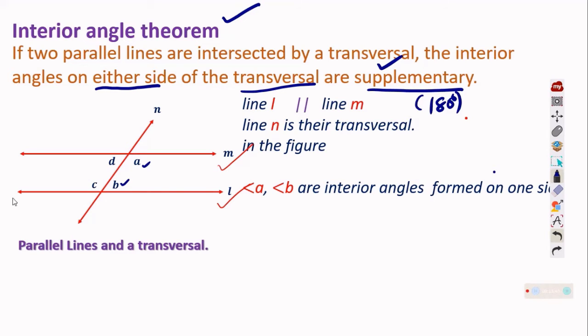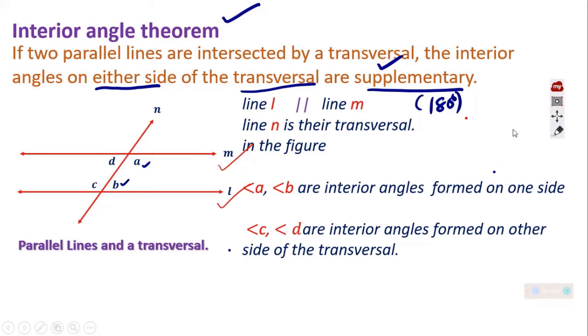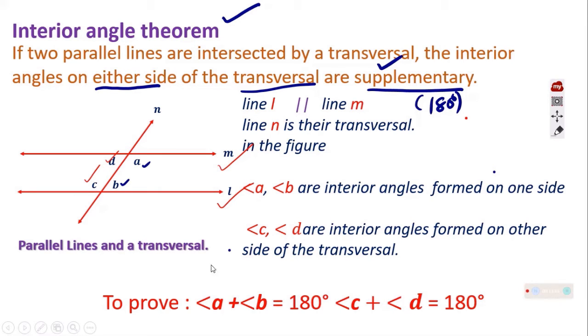and C and D are interior angles formed on the other side, then we are supposed to prove now that angle A plus B is equal to 180 degrees, which is supplementary, or angle C plus D is equal to 180 degrees.